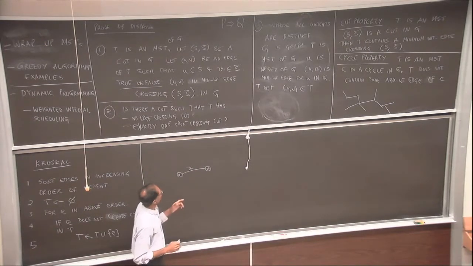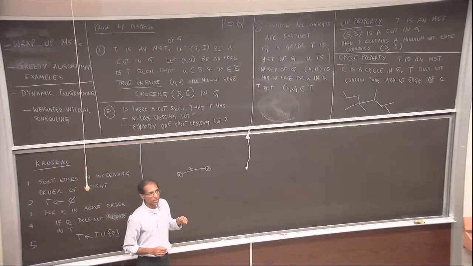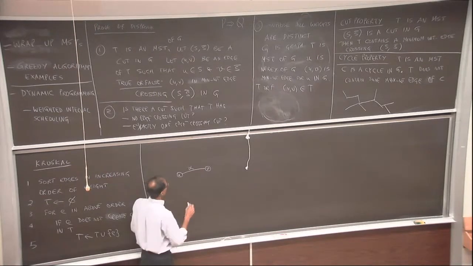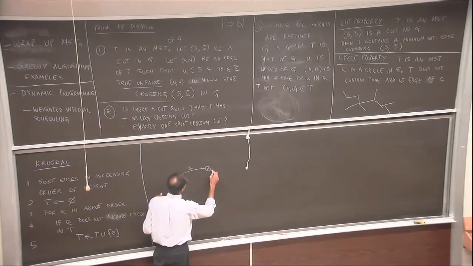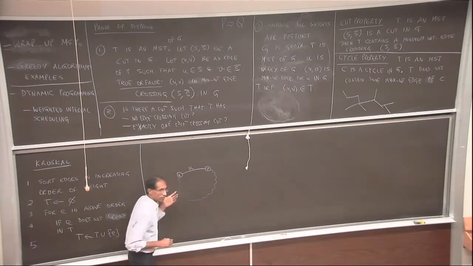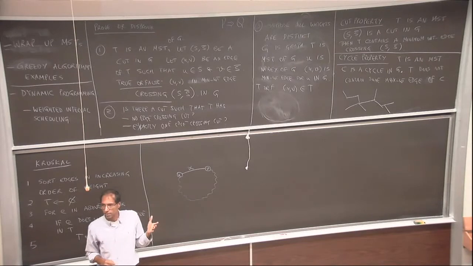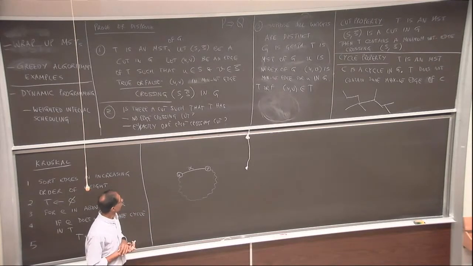And we look at the cycle property. And maybe there is a cycle containing UV in the graph, right? Of course, the cycle does not exist in the tree.